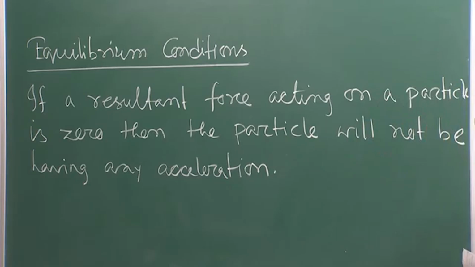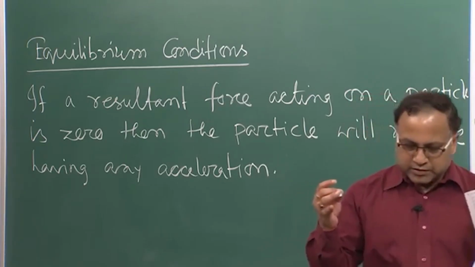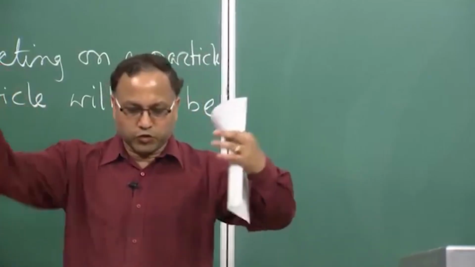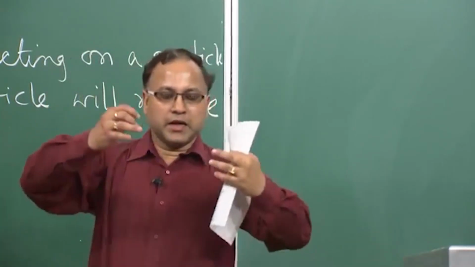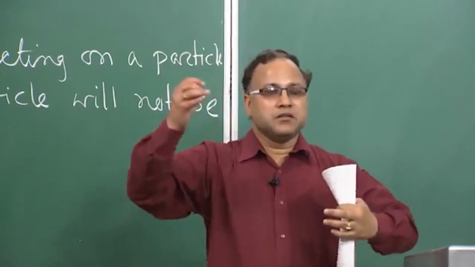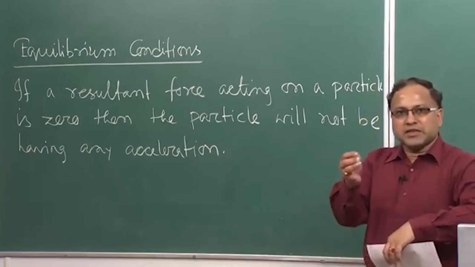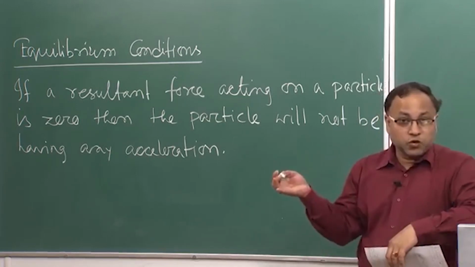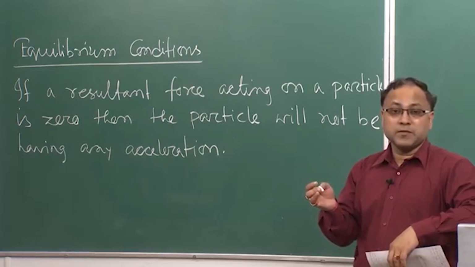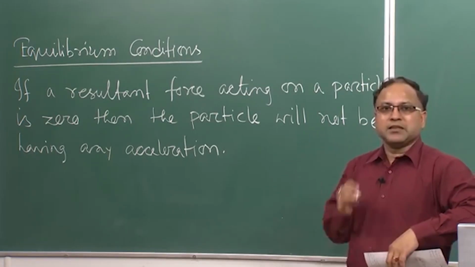So what do you understand by that? Suppose you are considering one system under the action of different forces, not only a single force, but multiple forces acting on that system. So we will have some resultant force. As I told you in the last lecture, force is a vector interaction, so vectorially you can get the resultant.